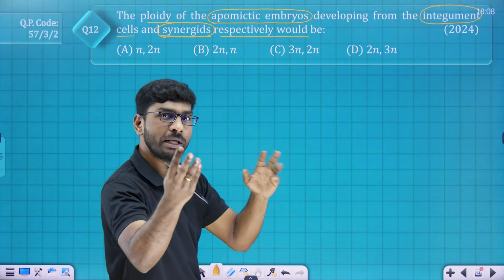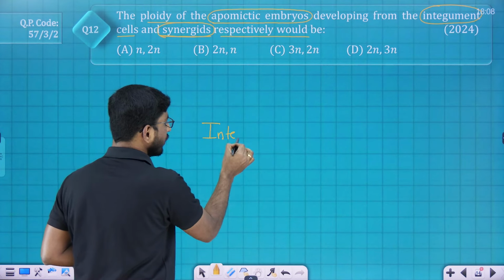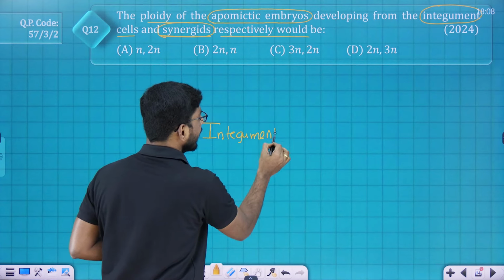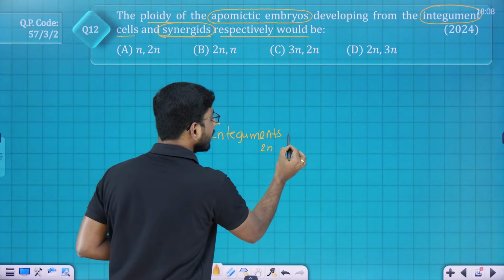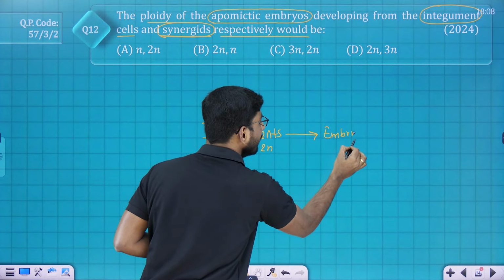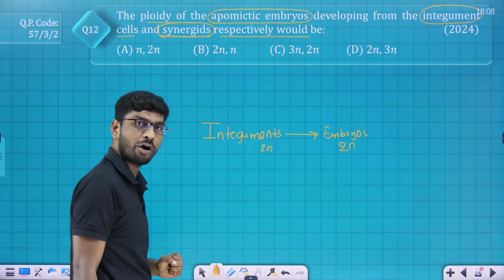When the integuments are diploid, look here, whatever embryos develop from this integument are also diploid.